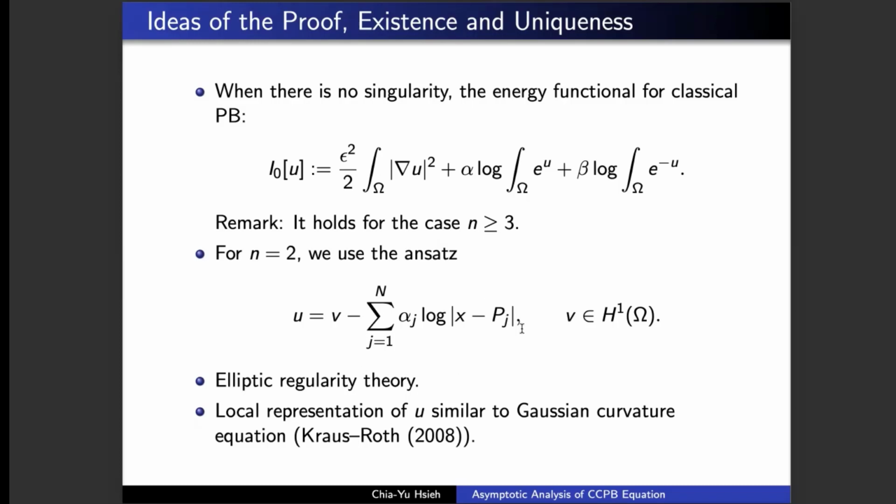Okay, so for the 2D case, we use the ansatz that U equals V minus the summation of alpha_j log |x - P_j|. Indeed, this singular part gives us our prescribed singularity.